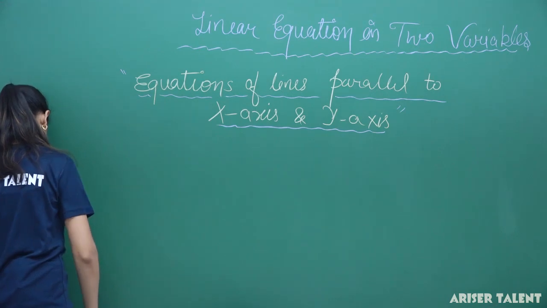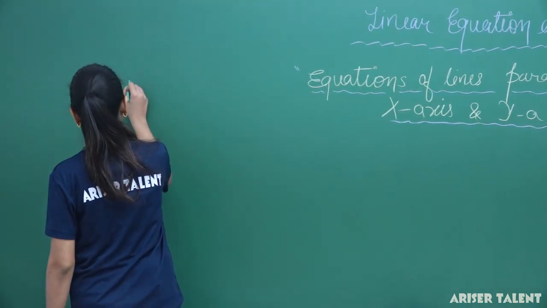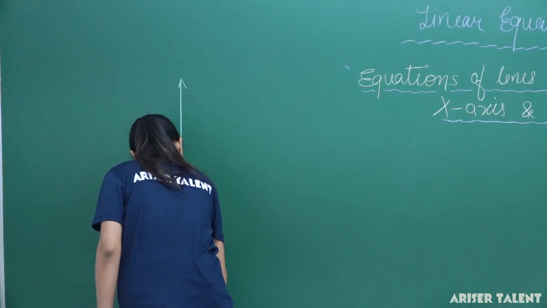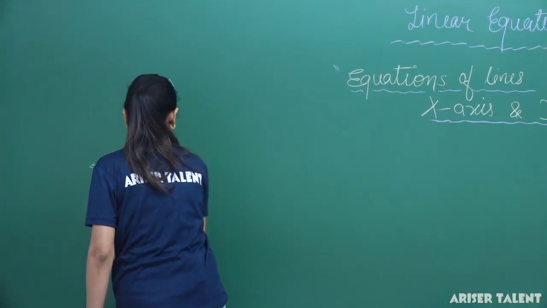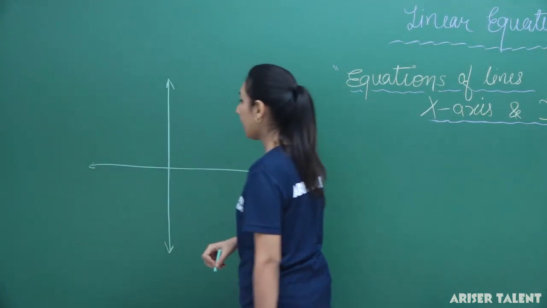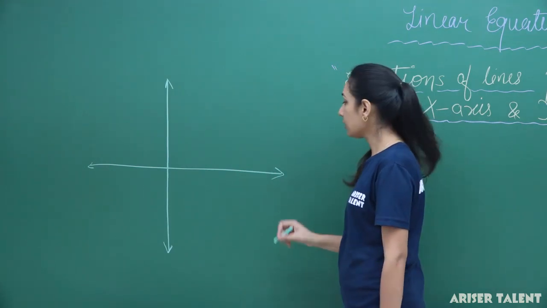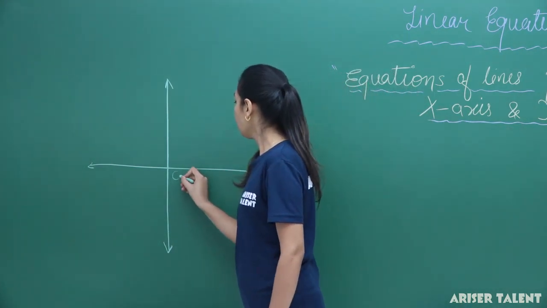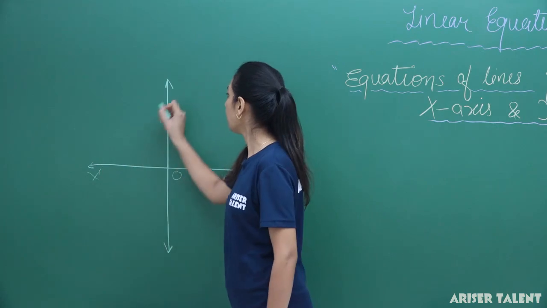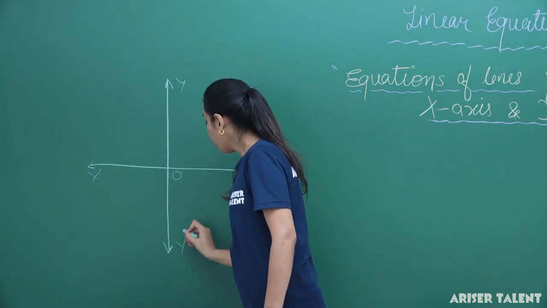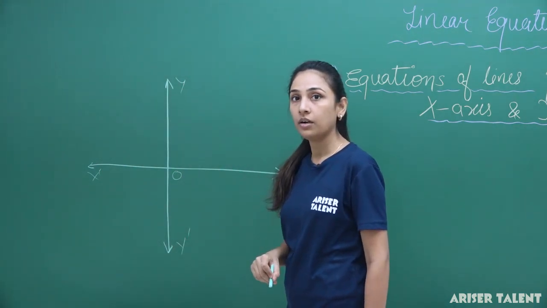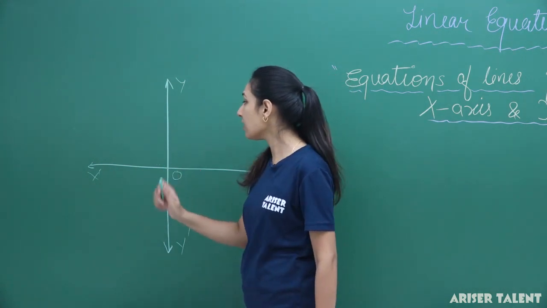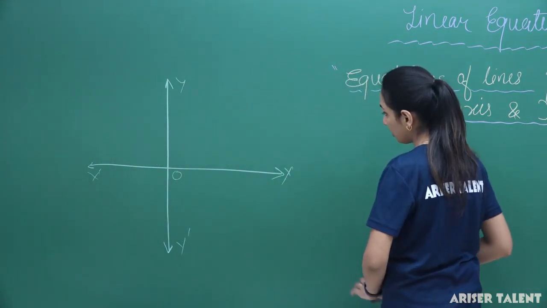Come this side. If I draw this graph, yes. So, this is x, o, x dash axis and this is y, o, y dash axis, right.